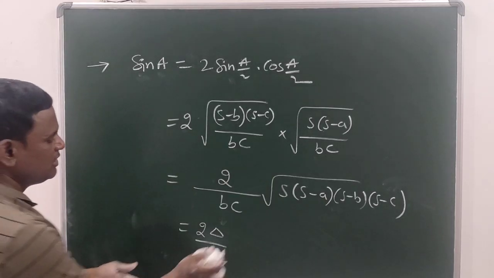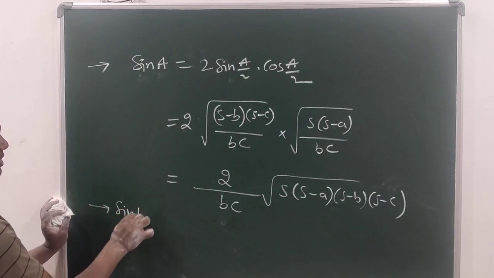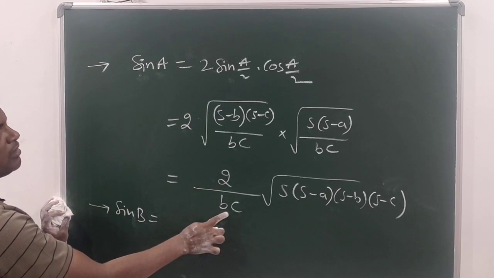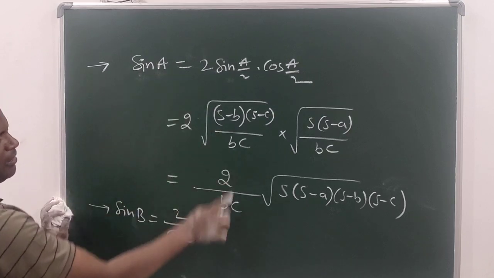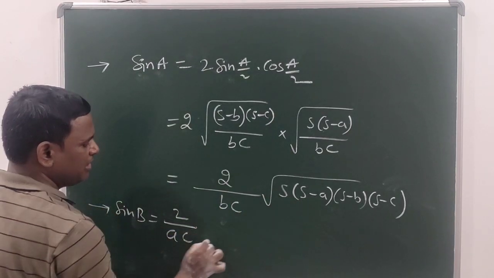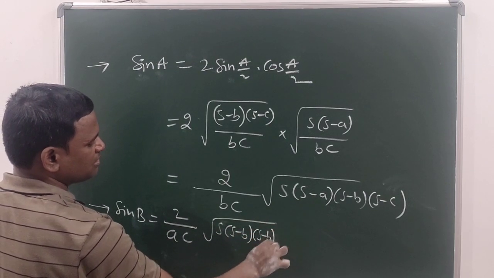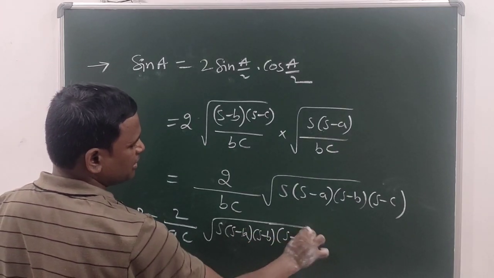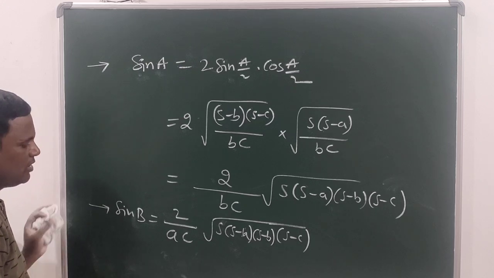Okay, students. Similarly, can you write sin B and sin C? Yes. For sin A, here you got 2 by bc. So sin B will be 2 by ac. Here the bc combination came for A, here the ac combination will come for B. There are no changes in the root, you will get the same.